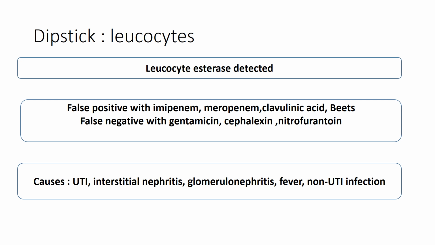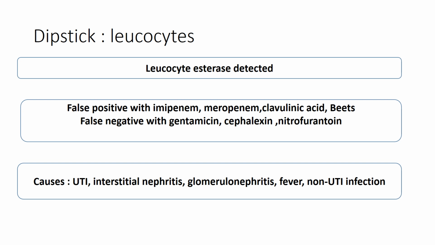The dipstick is also able to pick up white blood cells in urine. It does this by detecting the presence of leukocyte esterase that then reacts with the reagent strip. Leukocytes in urine are associated with urinary infection, but any kind of inflammation in the kidneys or even in organs surrounding the bladder can actually lead to leukocytes in urine.